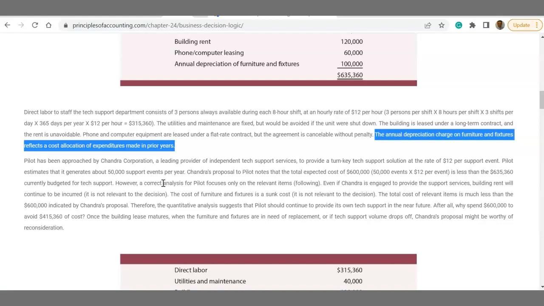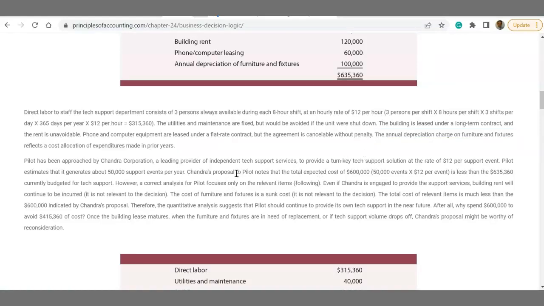However, a correct analysis for Pilot focuses only on the relevant items, and relevant items are things that are very important. Let's take the rent, for example, that they have to pay. They cannot get rid of that rent. That's very important information you need to consider. And also the depreciation.